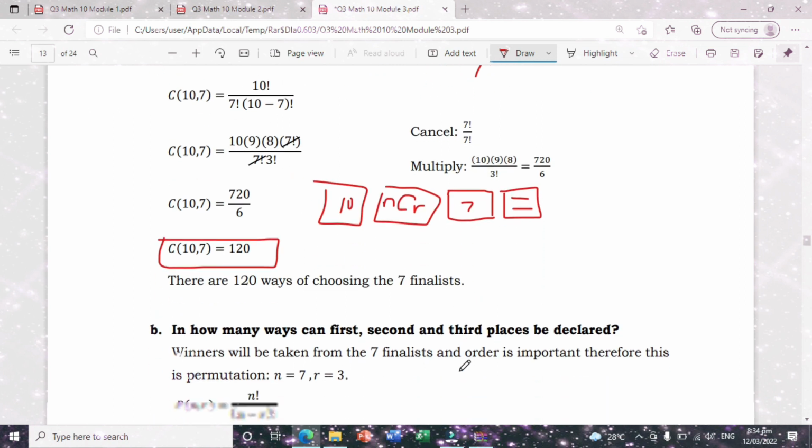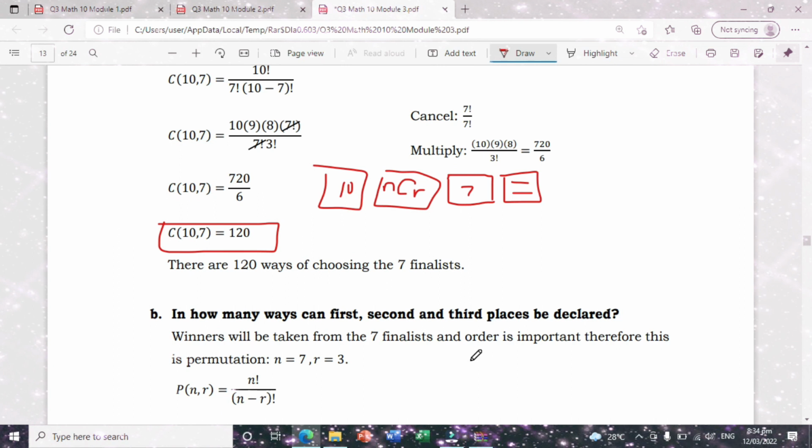Okay, so may napili ng 7 na finalist. Yan naman yung pipilian na basis natin kung sino yung pipiliin natin as first, second, third places. So there is placements.